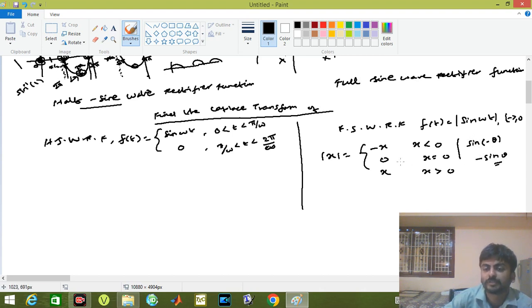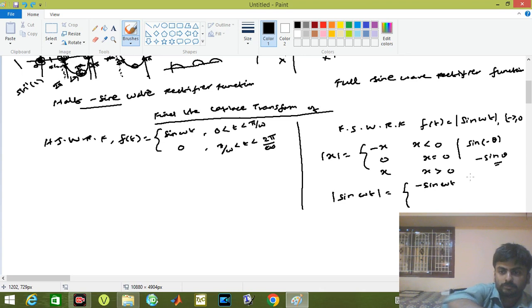So this modulus function can be written as modulus of sine omega t equal to, see, it is minus sine omega t for t less than 0, till what we have to take. Before that I shall write the functions 0 and sine omega t.